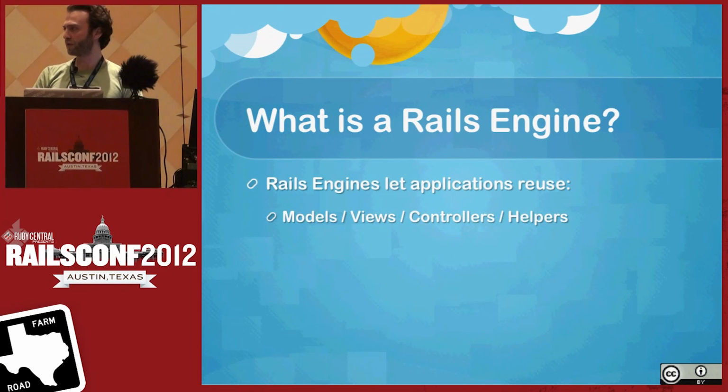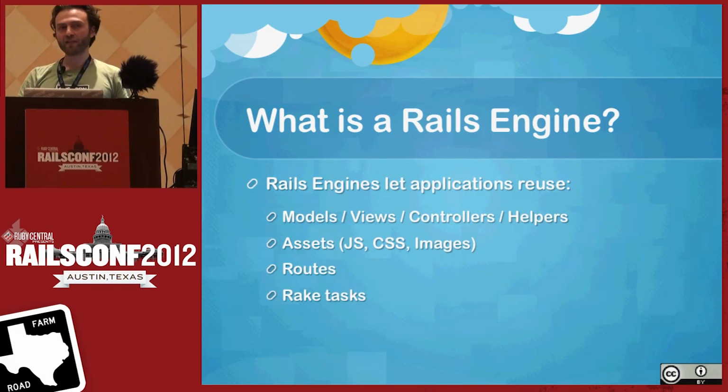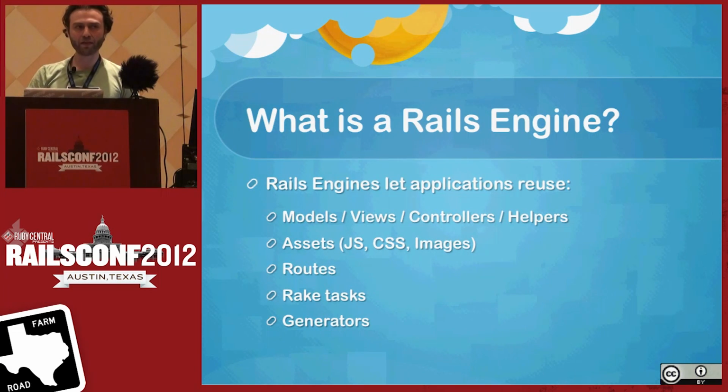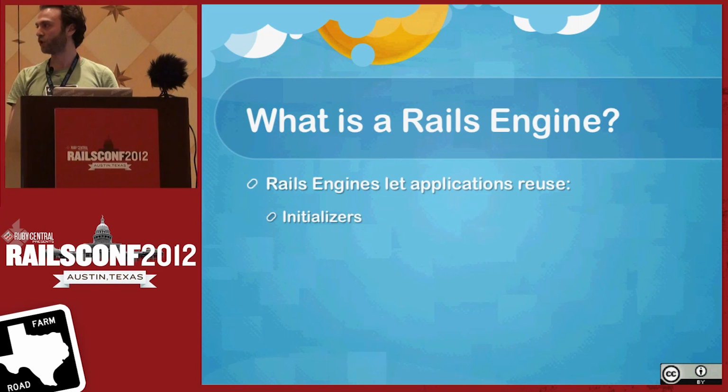So they let you reuse models, views, controllers, and helpers. Even assets, which is very convenient. That's how we were able to reuse that color search map image. Routes, rake tasks, generators, anything that you could think of in a Rails app could be packaged into an engine.